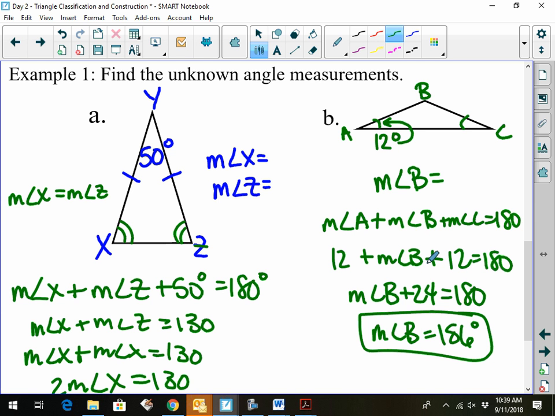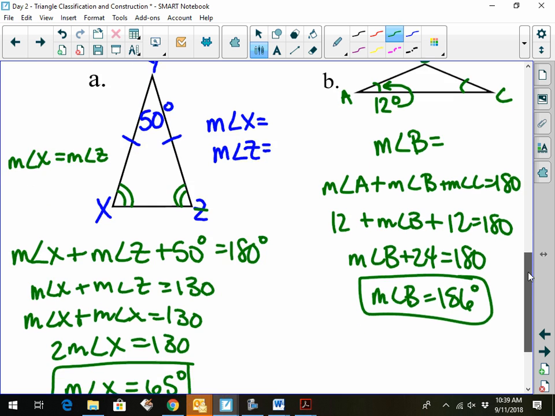However, this is laid out the whole process because we're looking at just the definition of the triangle angle sum theorem we talked about yesterday, and then substituting in order to solve. So in Algebra 1, you probably wrote minus 24 on both sides. But now that we're in geometry, we can move forward with that. So we got both of those answers.